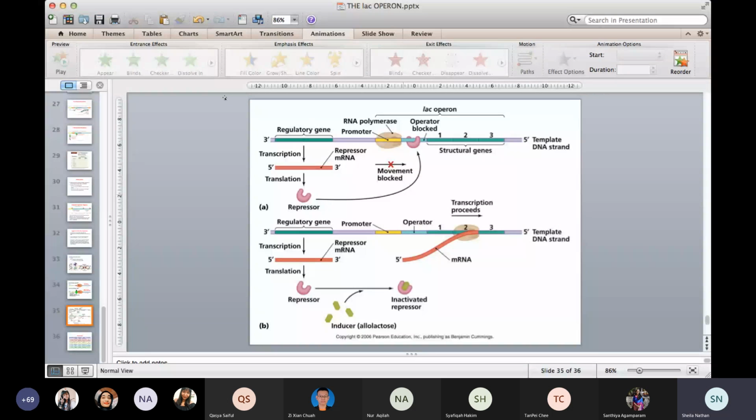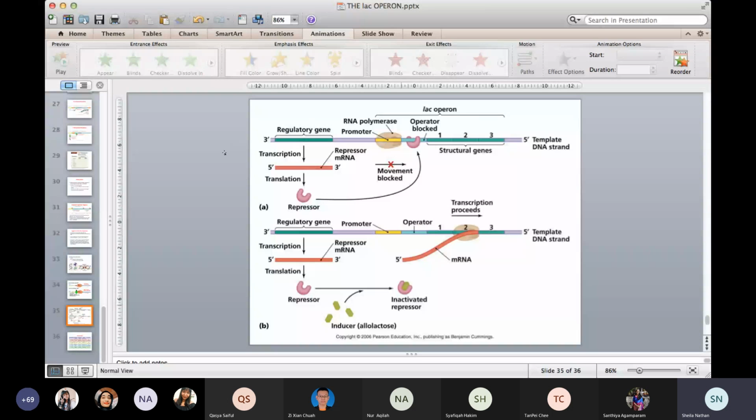Now, in the second scenario, when you have low glucose levels, your permease will go and bring in the lactose. The lactose becomes allolactose. The allolactose now is going to bind to the repressor molecule. When it binds, it is going to change the shape of the repressor molecule.